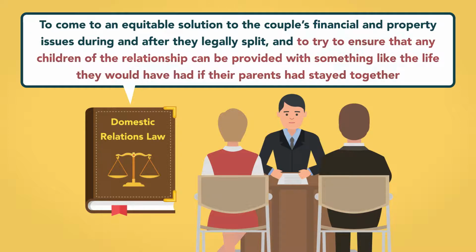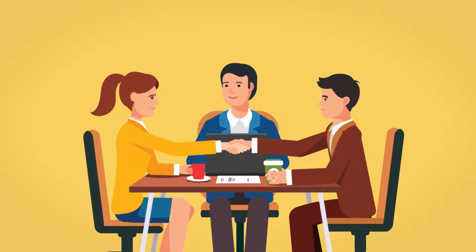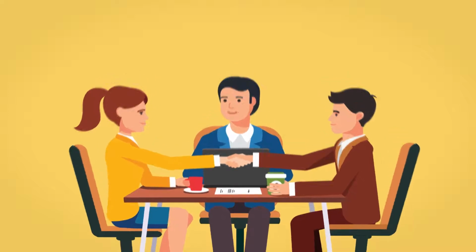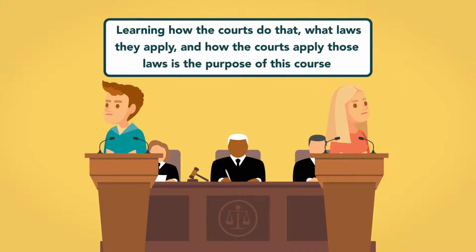This last part is very difficult, if not impossible, in many cases. Sometimes parents can compromise and agree on the best ways to handle the children, family assets, and income. When they can't agree, courts and laws step in and provide their own solutions. Learning how the courts do that, what laws they apply, and how the courts apply those laws is the purpose of this course.